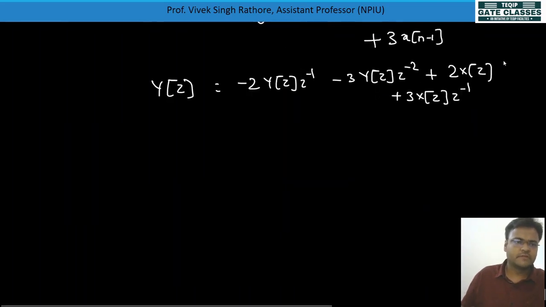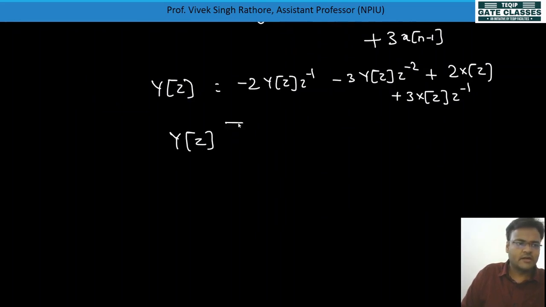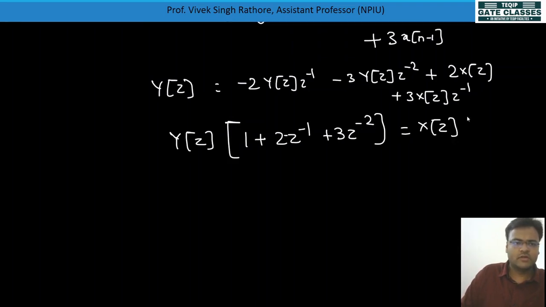Now Y of z can be taken as common; 2 z inverse and 3 z to the power minus 2 go to the left hand side as 1 plus 2 z inverse plus 3 z to the power minus 2. Here X of z can be taken as common: 2 plus 3 z inverse.